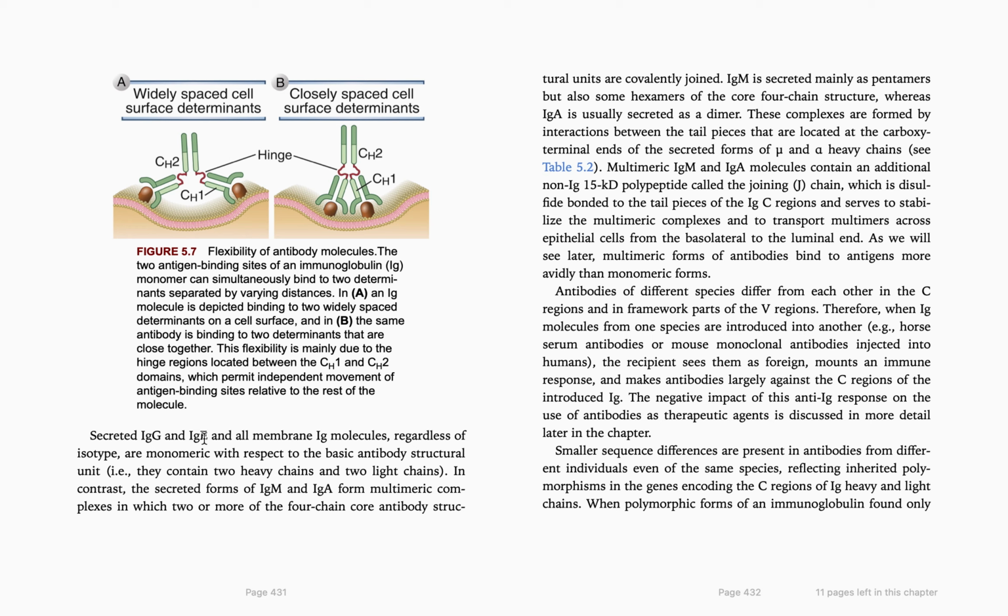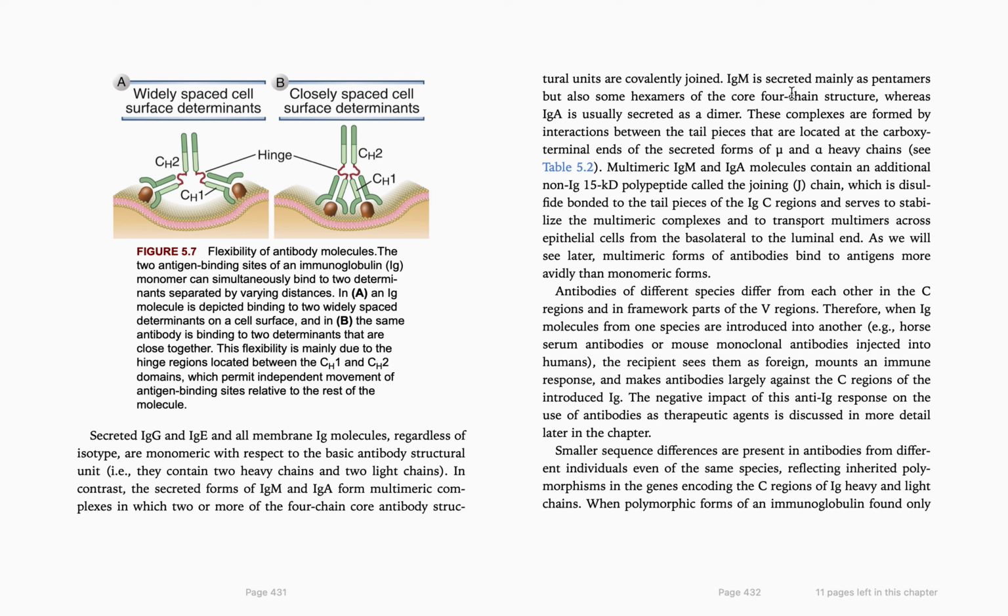Secretory IgG and IgE and all membrane IgM molecules, regardless of isotypes, are monomeric with respect to the basic antibody structural unit. They contain 2 heavy chains and 2 light chains. In contrast, the secreted forms of IgM and IgA form multimeric complexes in which 2 or more of the 4-chain core antibody structural units are covalently joined.